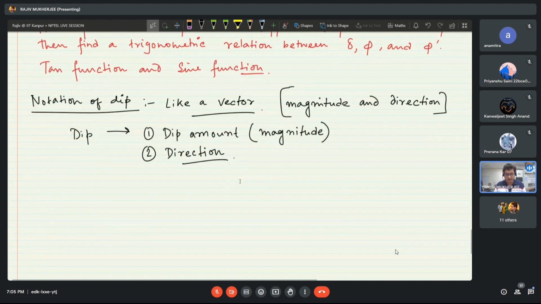Okay. So we notify dip essentially this way: 20 degrees southeast, or 20 degree towards 140.